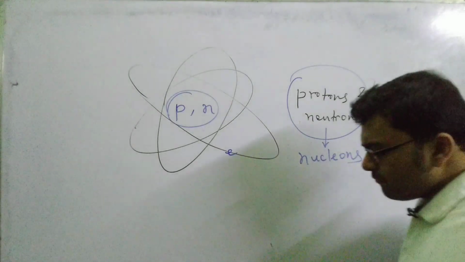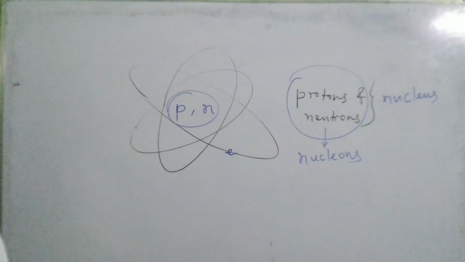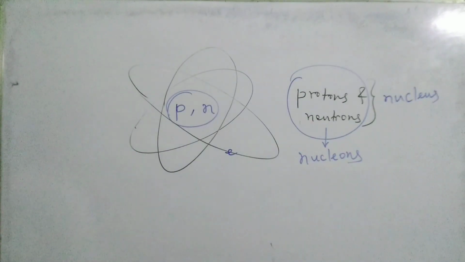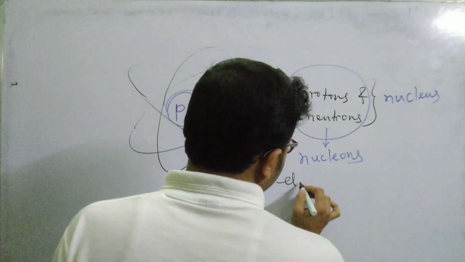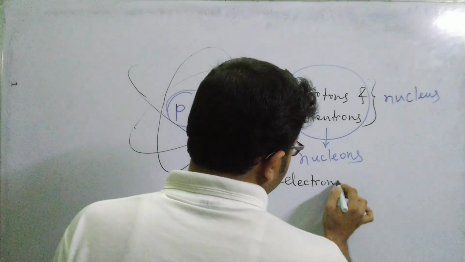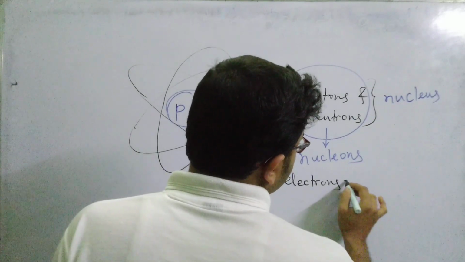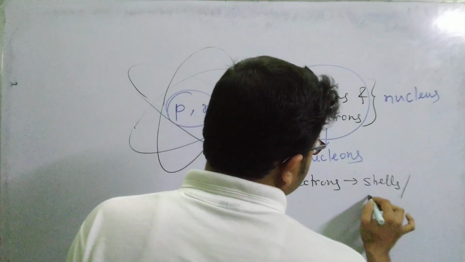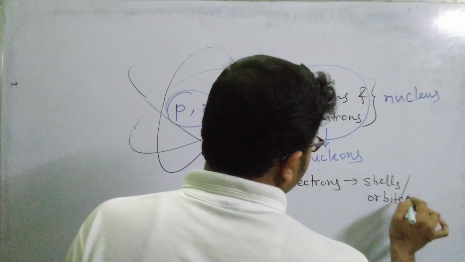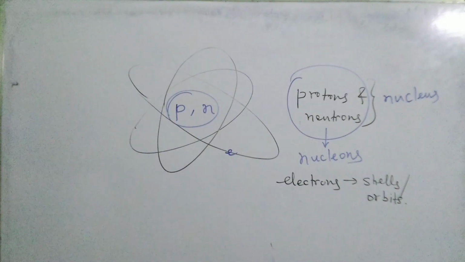And the electrons keep on revolving around the nucleus in definite orbits or shells. So electrons are found within the shells, also regarded as orbits. So this is the structure of an atom.